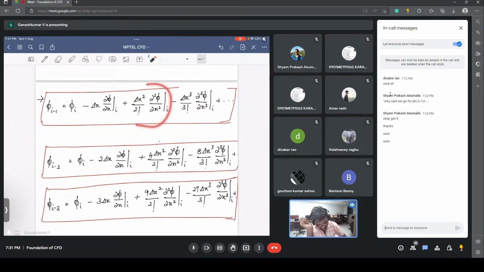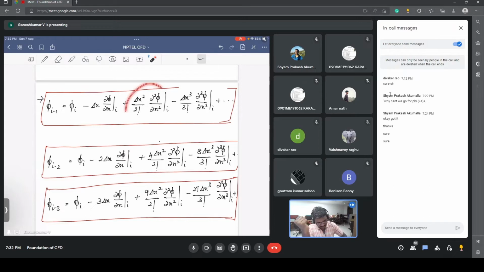you somehow have to eliminate this term. You have to weight these equations and add such that these three terms cancel out each other. Then your scheme automatically becomes second order, because the truncation term, dou cube phi by dou x cube, is actually in the order of delta x square, which means a second order accurate scheme.